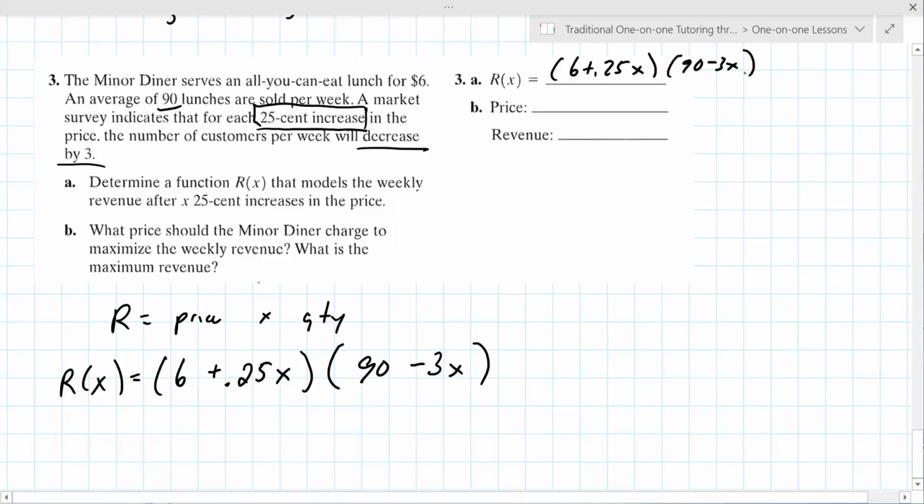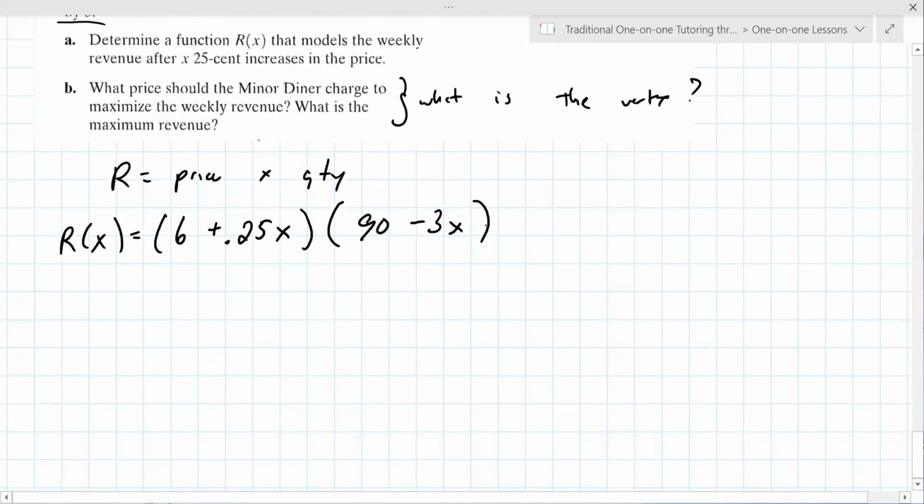Now your part B is if it was written this way, what is the vertex? You could probably do this. Okay, so to get the vertex of this, you have to FOIL this. So 6 times 90 is 540, plus 6 times -3, minus 18x.